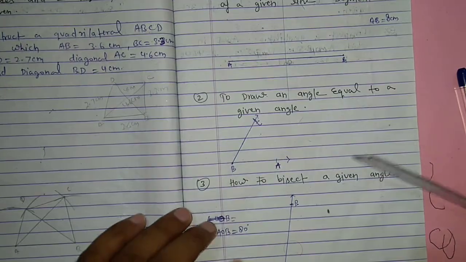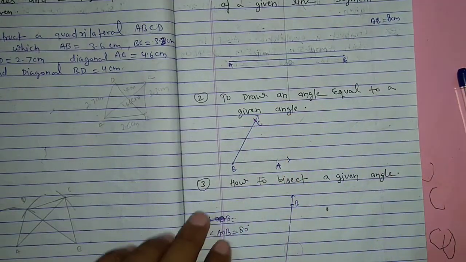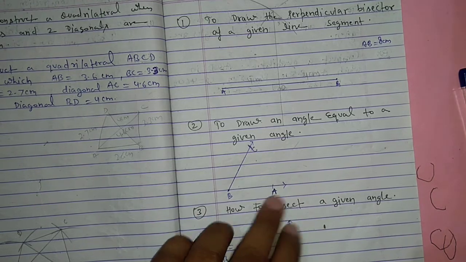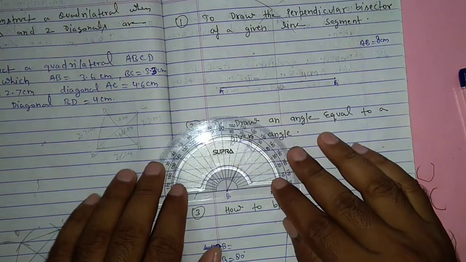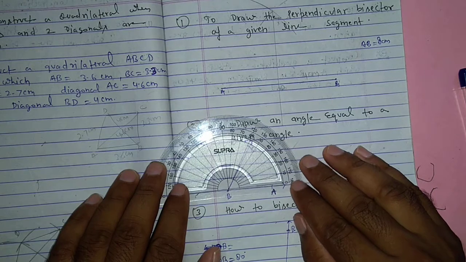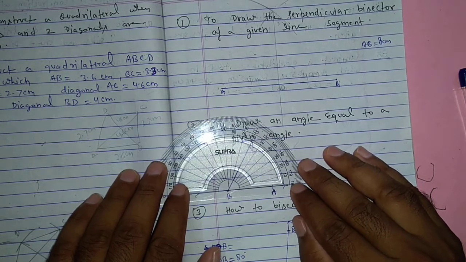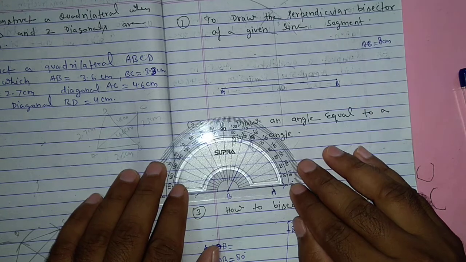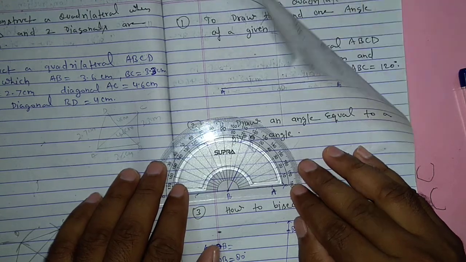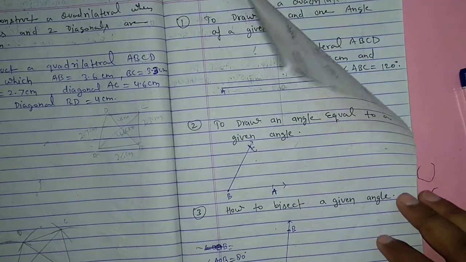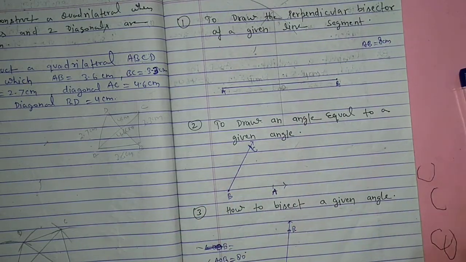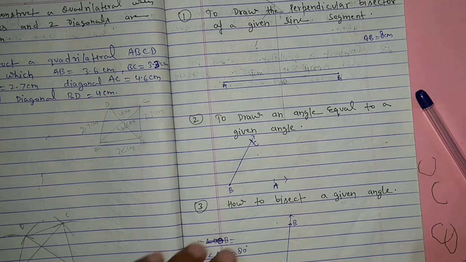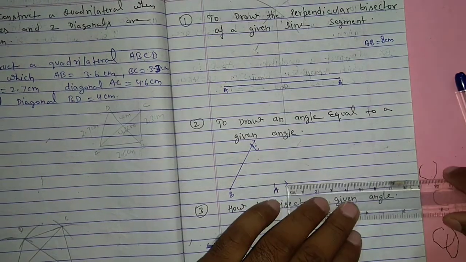Another one, to draw an angle equal to the given angle. I have already drawn an angle, angle ABC, and the measurement of this angle is approximately 60. So how can we draw another angle equal to this angle? First of all we draw a line of any measurement.